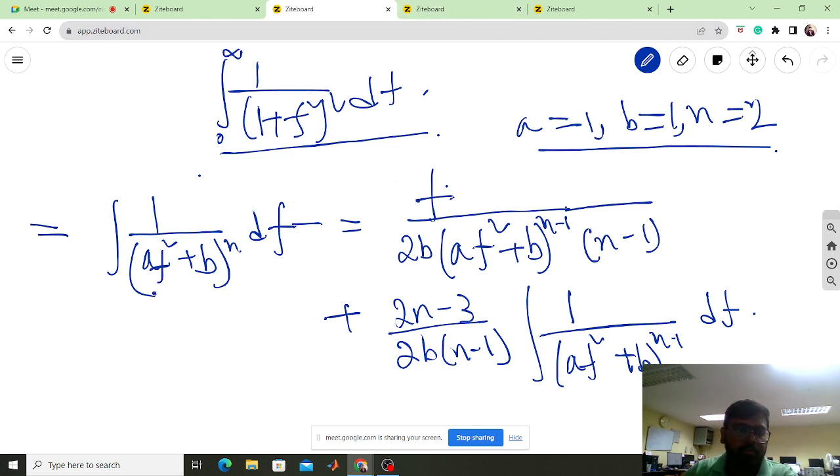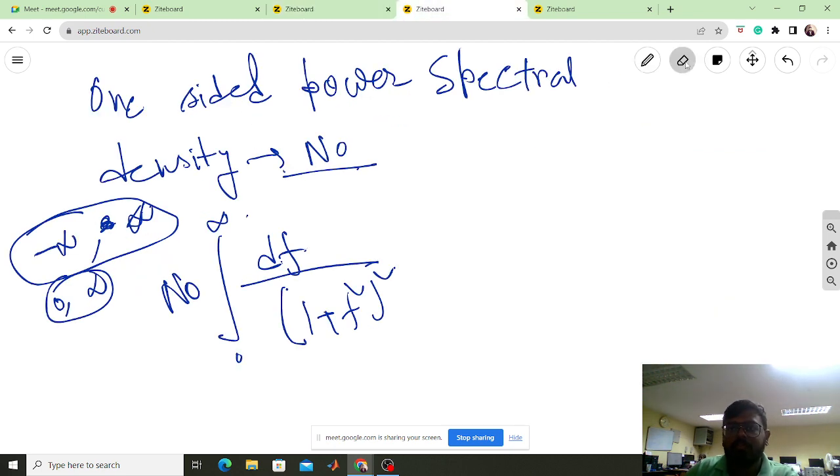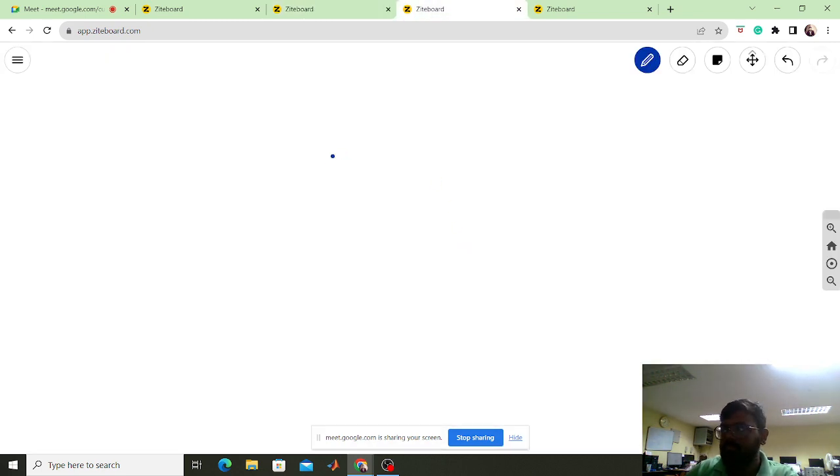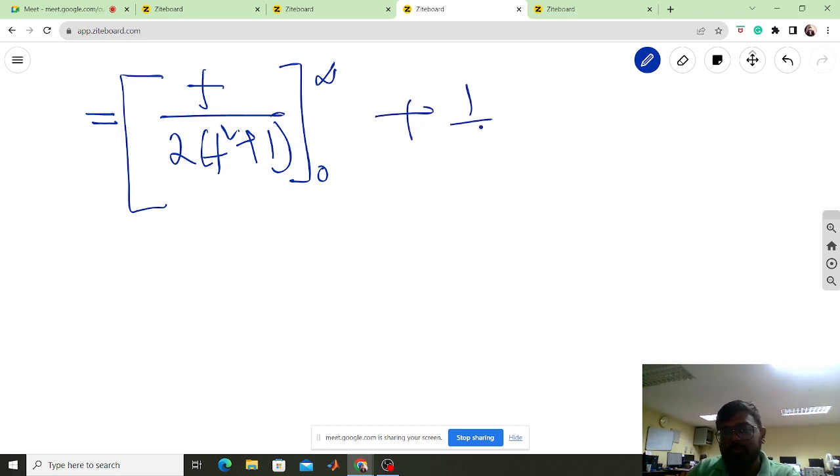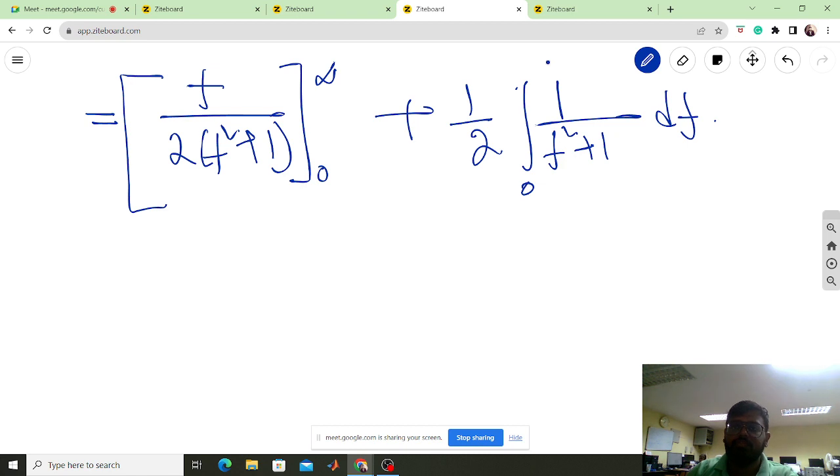Comparing this and this, from that we can write this is equivalent to f by 2 into (f square plus 1), 0 to infinity, plus 1 by 2 times 1 by (f square plus 1) df, 0 to infinity.